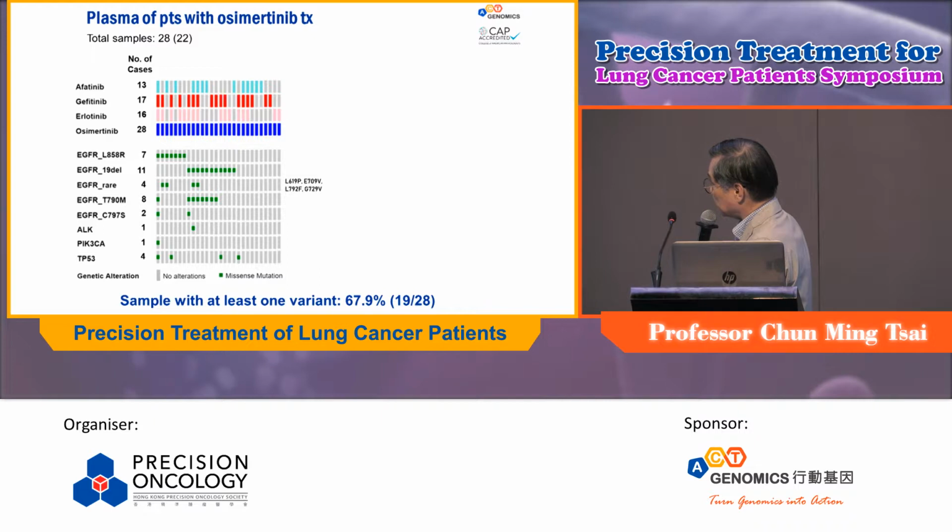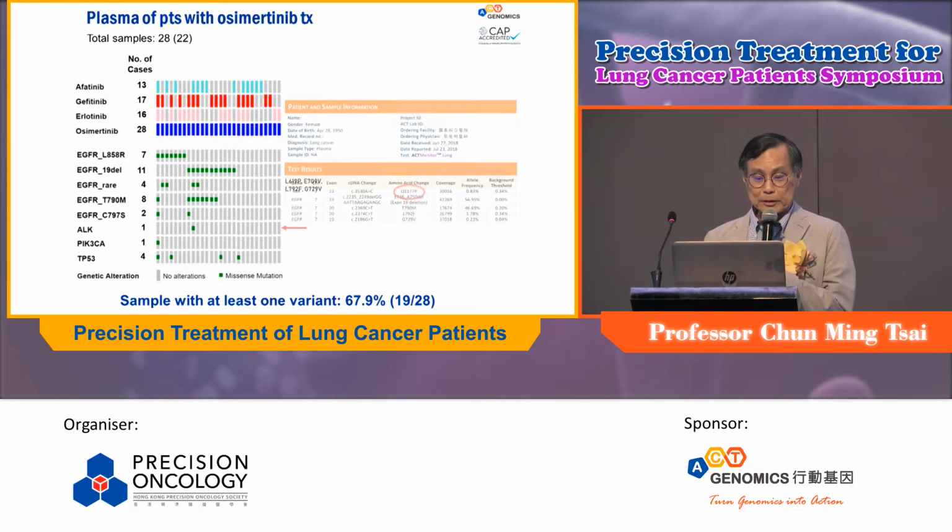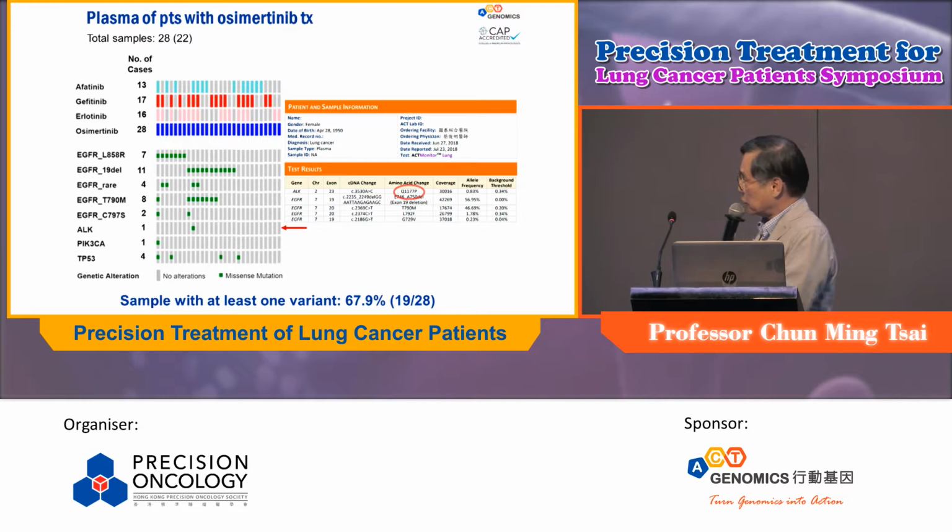And some have T790M detected, in the patient who still has C797S, they still have T790M. And in one patient, we found an ALK fusion.